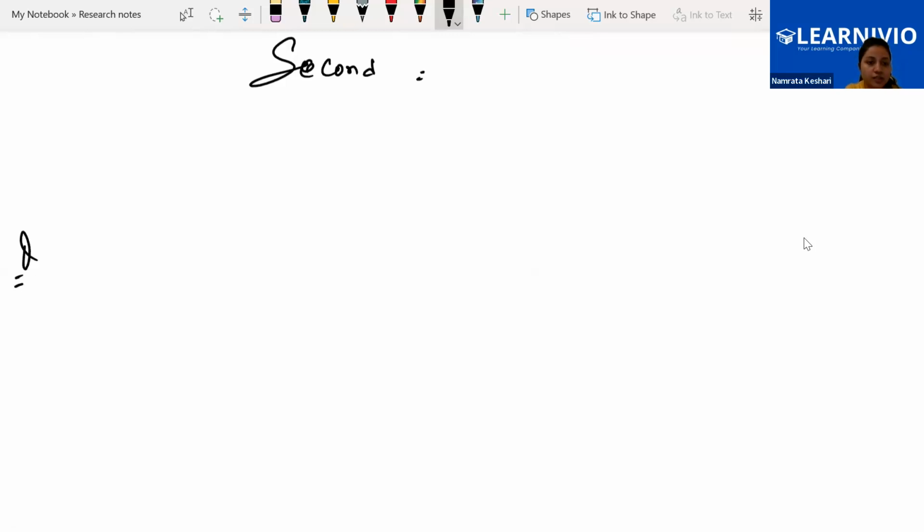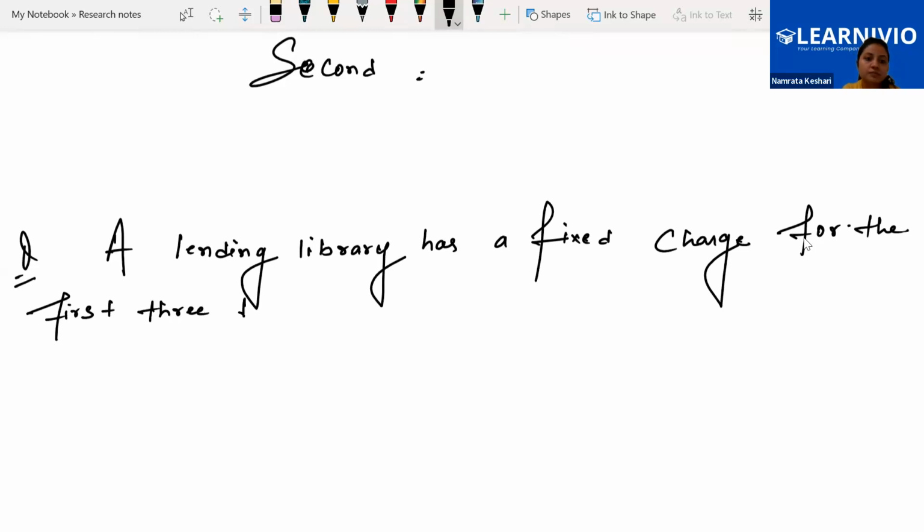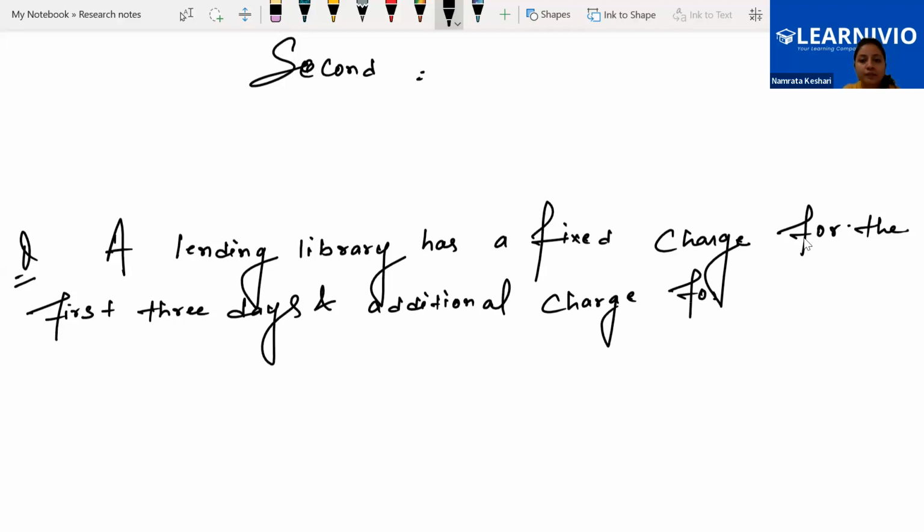So one of the questions is like this: a lending library has a fixed charge for the first 3 days and an additional charge for each day thereafter.